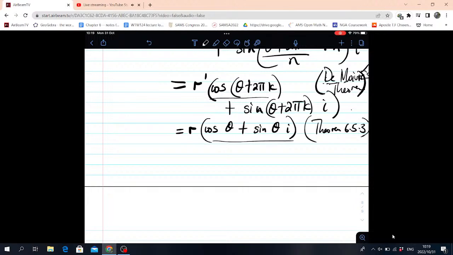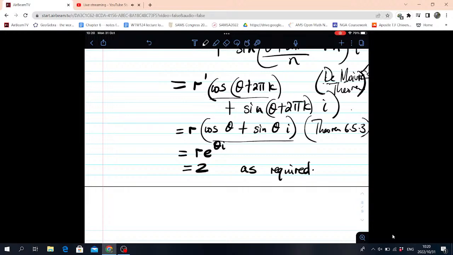It told us that if theta 1 is equal to theta 2 plus 2 pi k, then the complex numbers have to be the same, right? So we can say this. If we rewrite it in the other polar form, the shorthand one, this is equal to that, and that is equal to z as required.